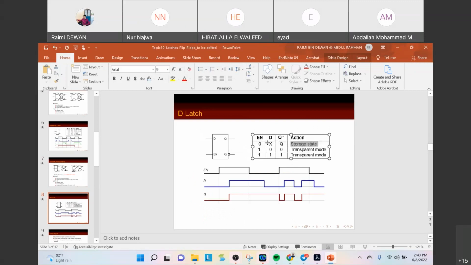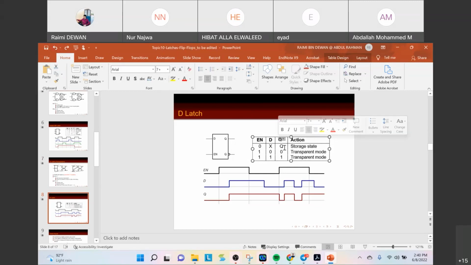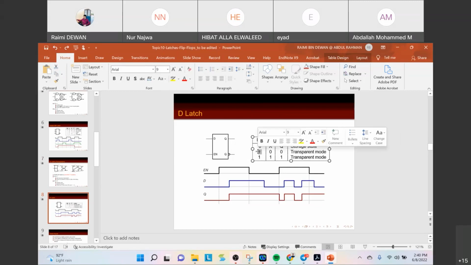Your future output will just follow the similar past output, which is Q. And if we have rising edges and enable 1, it will activate the latch operation.